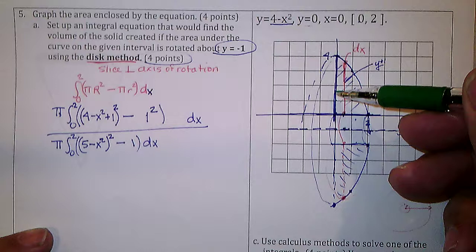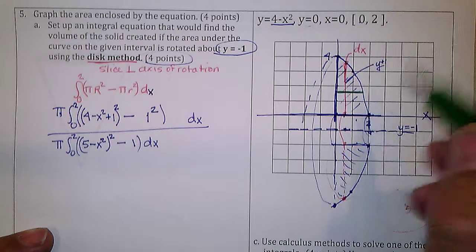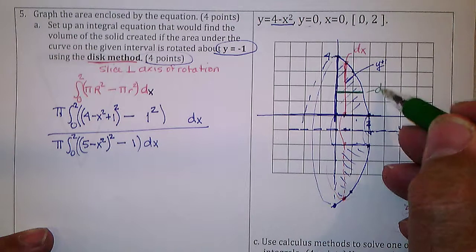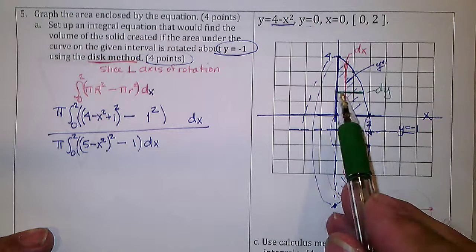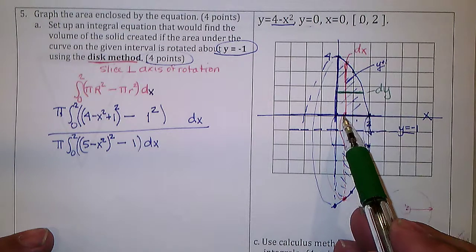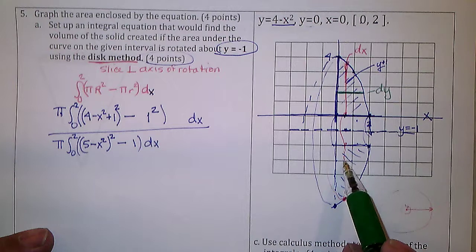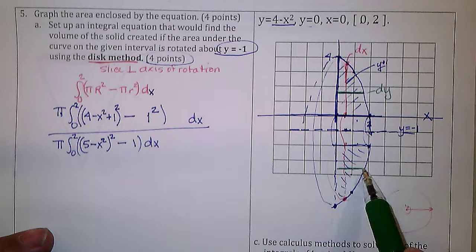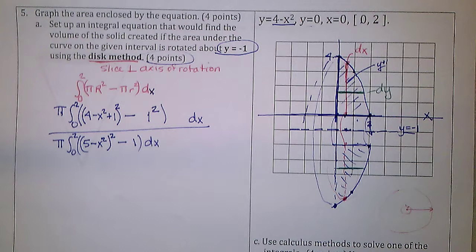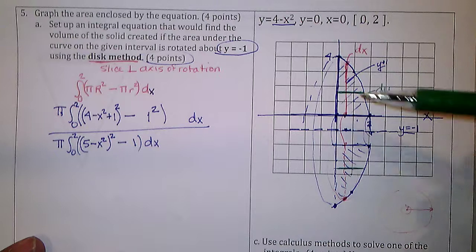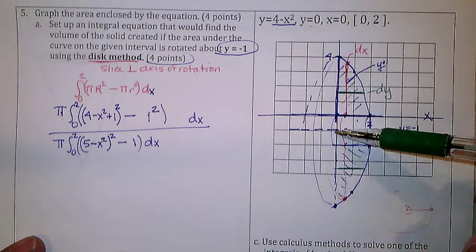So now the thickness of this slice is dy, and where that image is, see that's 1 and some up, so 1 and some down. It would be here. And it's still revolving around the y equals minus 1.